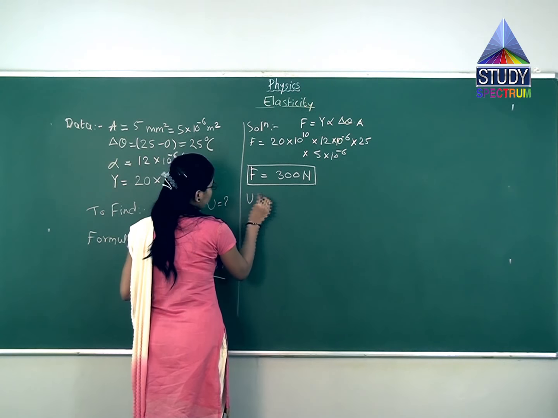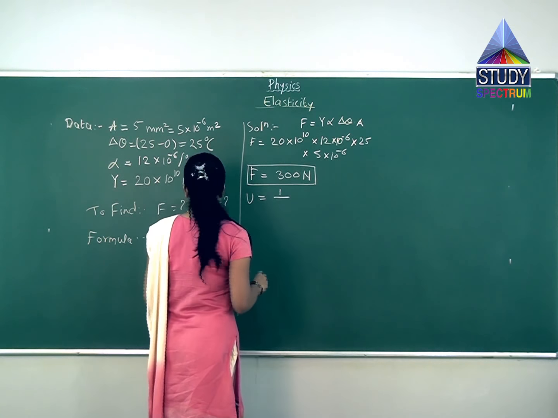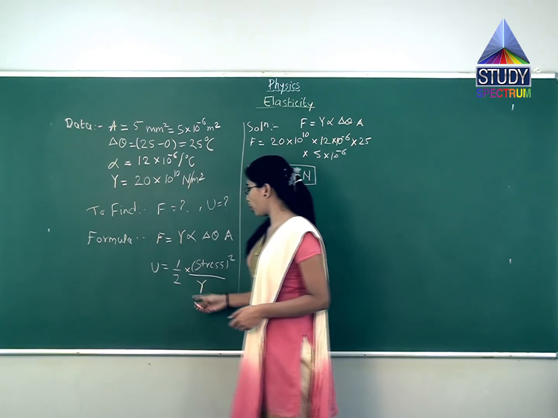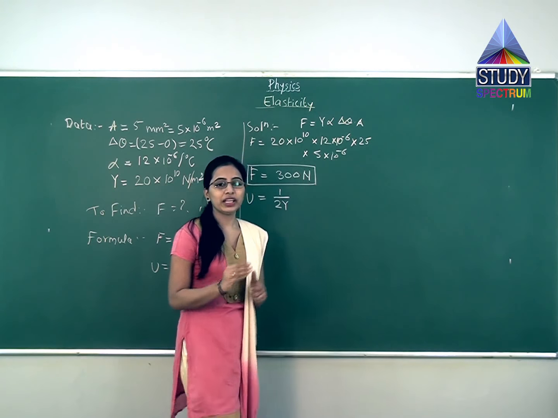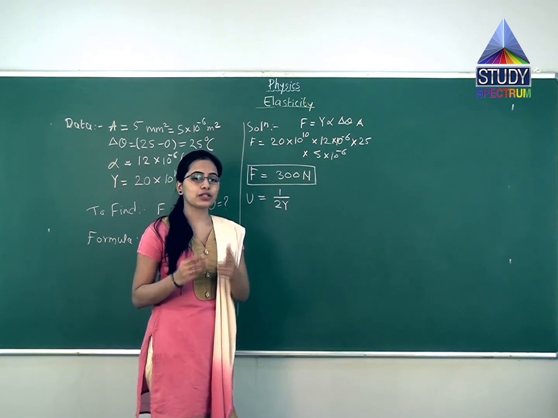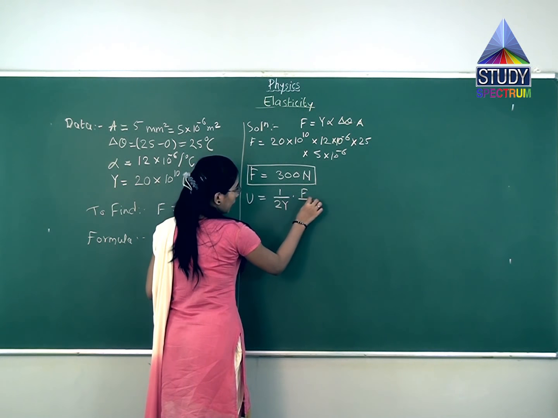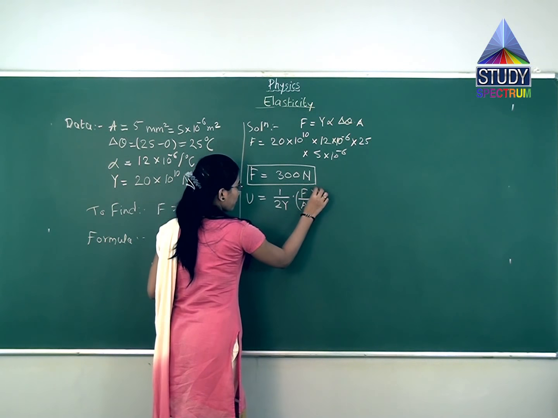Now let us find out strain energy per unit volume. So it is 1 upon 2Y and stress square. But we don't know the exact stress. But as you know, stress is force upon area, so I will write F upon A, the square, because it is stress square.